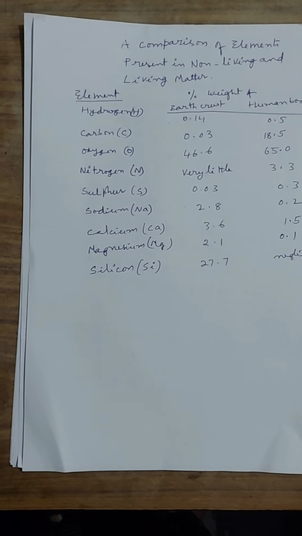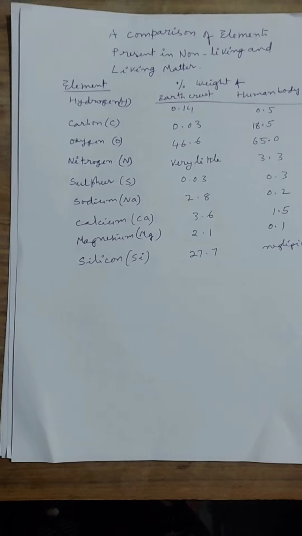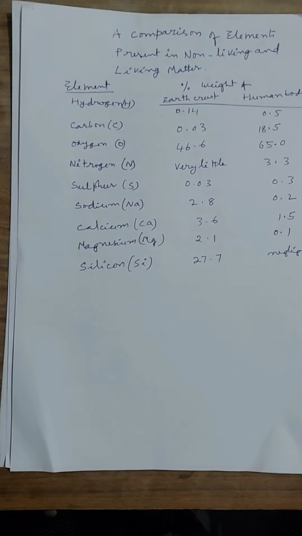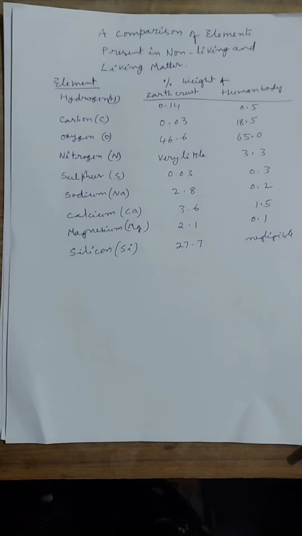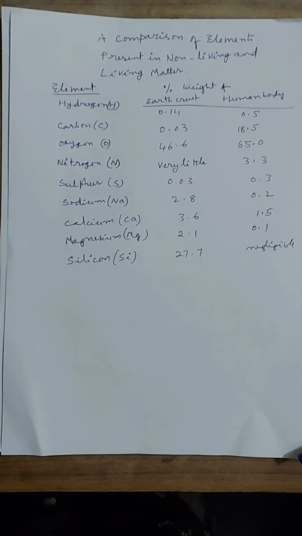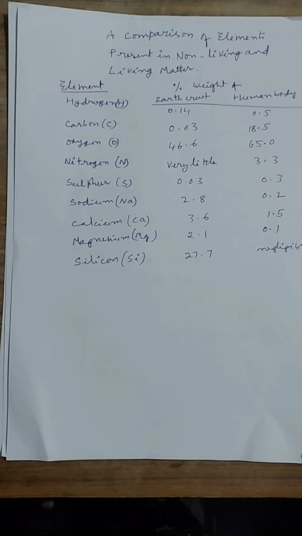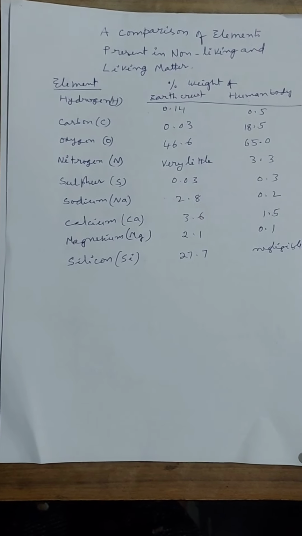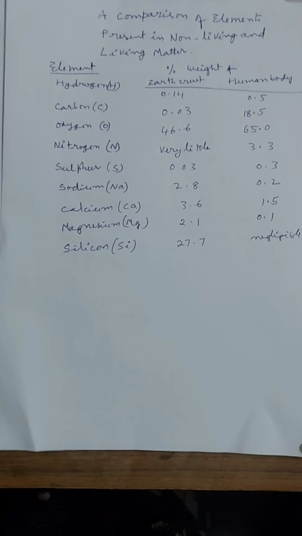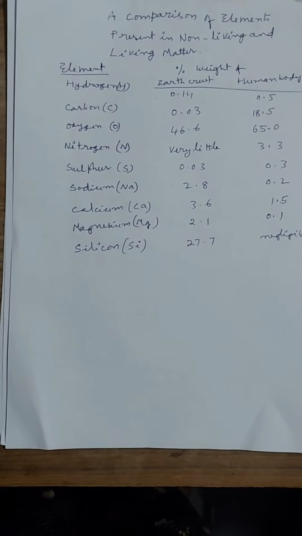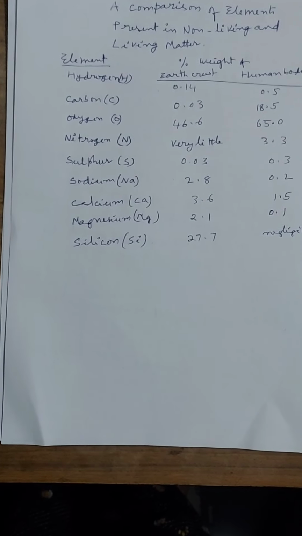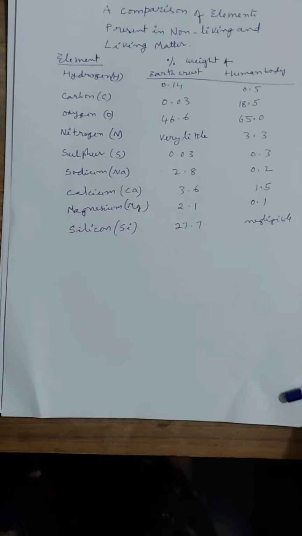Carbon: in earth crust 0.03, in human body 18.5. Oxygen: 46.6 in earth crust, and in human body 65. That means hydrogen, carbon, oxygen are in higher concentration in the human body.